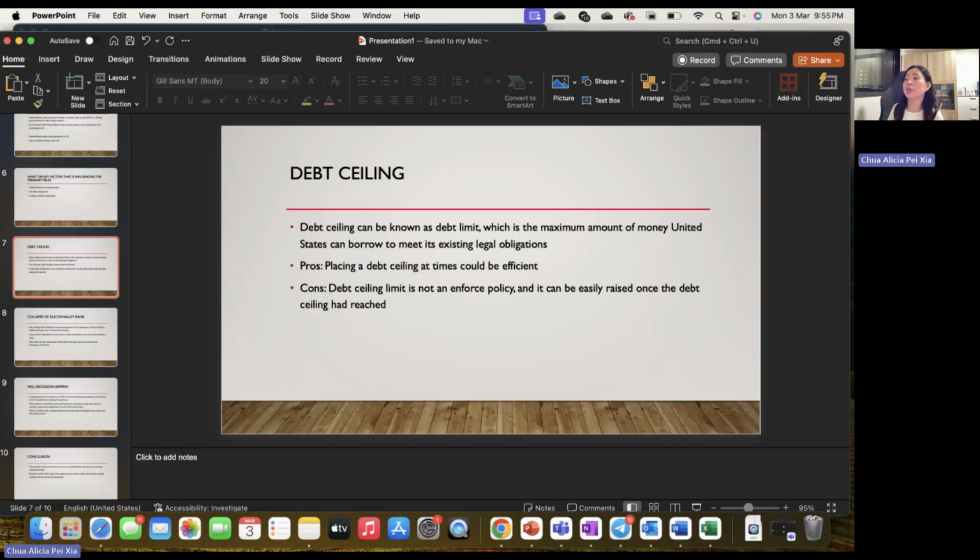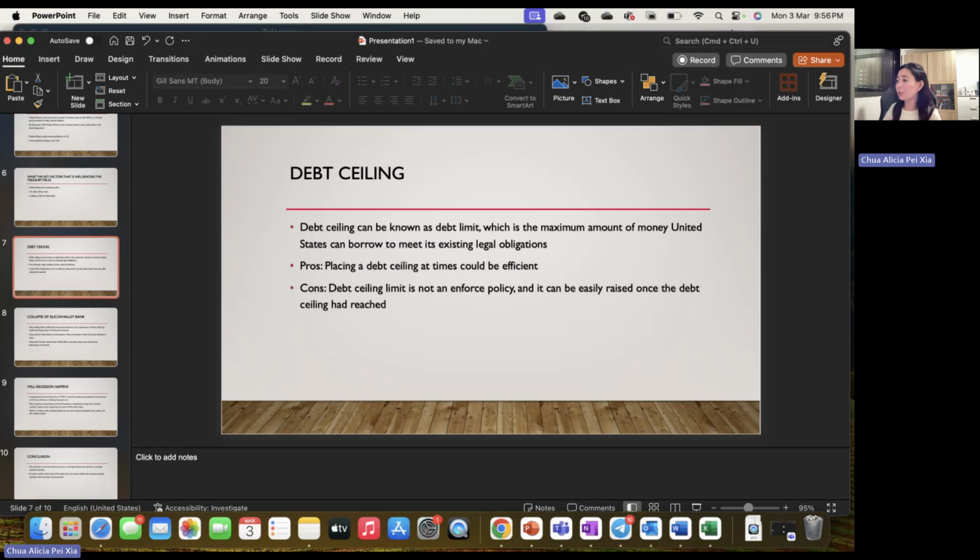It helps the US Treasury Department issue bonds without Congress approval each time and use the funds to fund important social programs such as Social Security and Medicare. The disadvantage of the debt ceiling is that it is not an enforced policy and it can be easily raised once the debt ceiling has been reached.